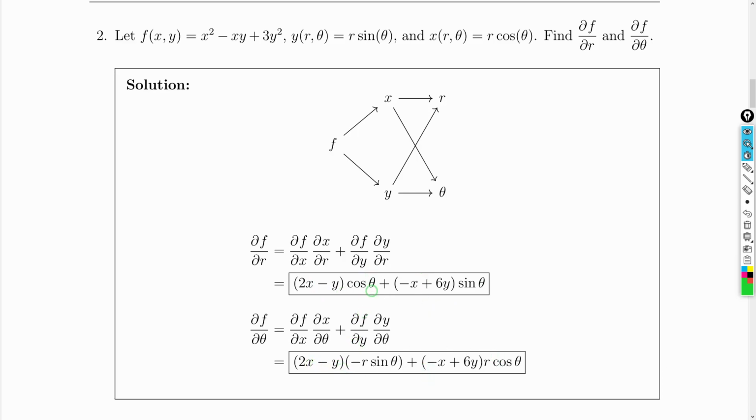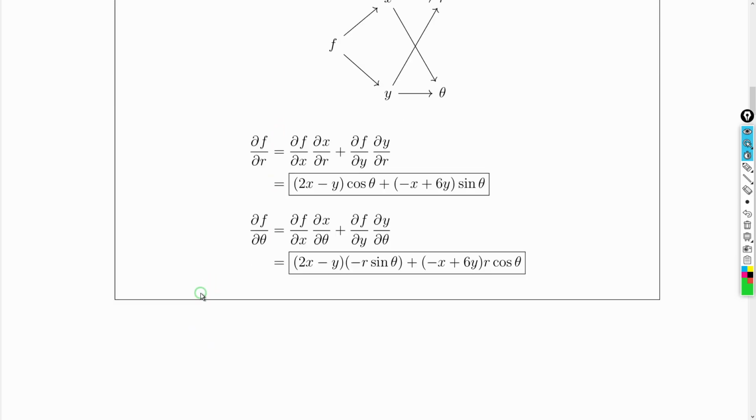You could, if you wanted to, replace x and y with their definitions, r cosine theta and r sine theta, in order to bring the expression completely down into the r and theta layer, so that these partial derivatives could be written completely in terms of r and theta. That might be better in some circumstances, but because the problem didn't specify anything of that nature, I didn't bother to do that.